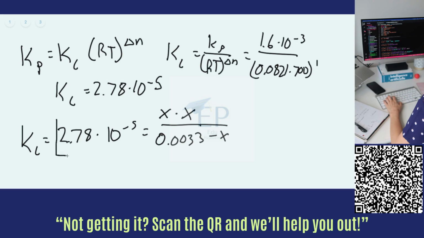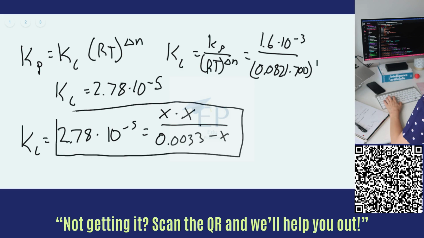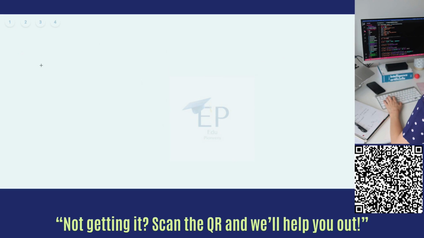And so now we want to solve this equation for X, and when we do that, we get that X is equal to 2.893 times 10 to the negative fourth. And so now we know all of our equilibrium concentrations.